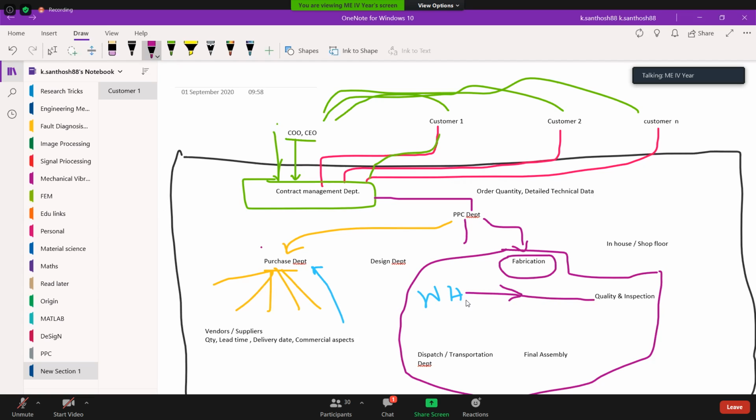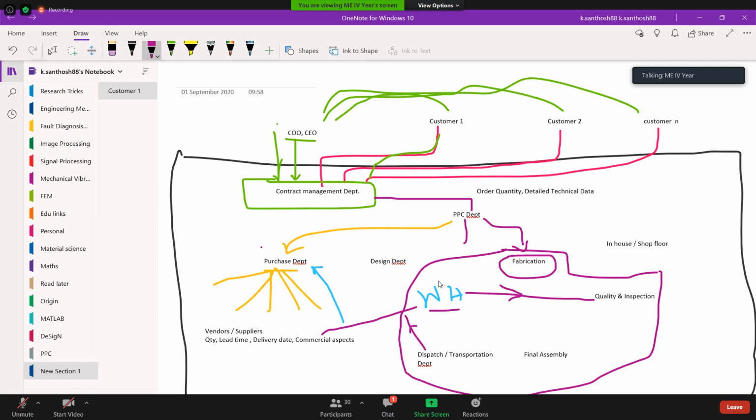Okay, so once the material reaches from the supplier place to the warehouse with the help of transport people, the warehouse people will call quality inspection people and they will do inspection here. After that, they will inform through SAP, and that data will be completely registered in the system.